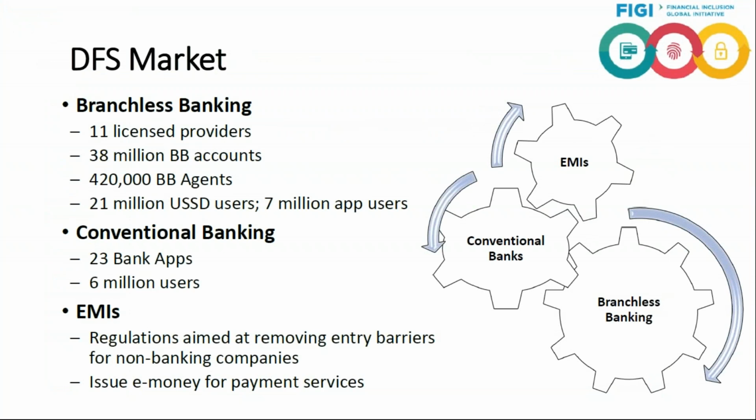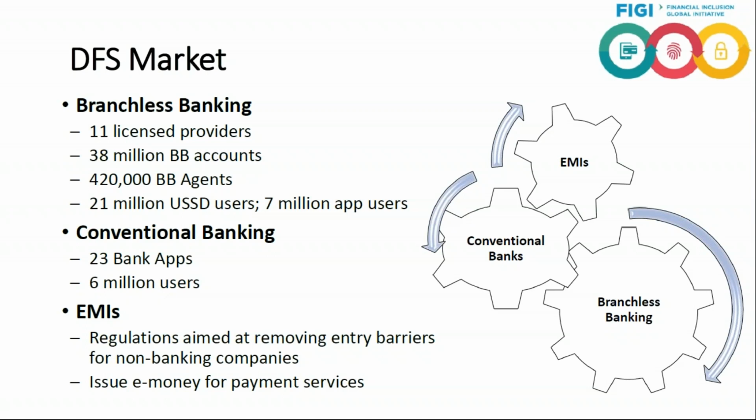As of now, we have 12 licensed providers, mostly banks, and 4 of them are owned by our telecom operators, 4 are microfinance banks. They are doing these branchless banking services under the State Bank of Pakistan's approval, and with the help of telcos, they have opened 38 million branchless banking accounts, which means 38 million users are now using USSD or apps of these branchless banking service providers.